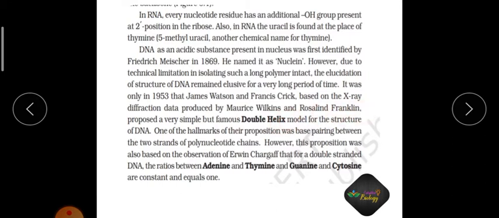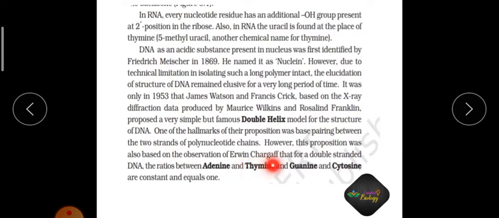So the structure of the DNA is actually given by James Watson and Francis Crick, but they took the prime support of Maurice Wilkins and Rosalind Franklin from their X-ray diffraction data. Okay, apart from this, one more person has also contributed in elucidating the structure of DNA, that is Erwin Chargaff.